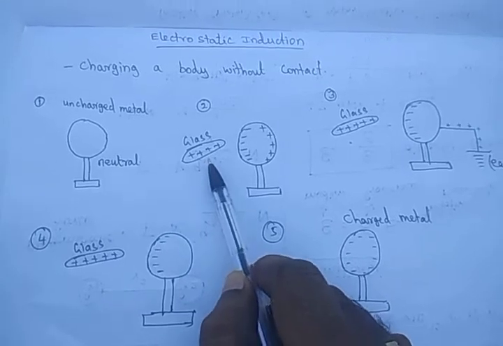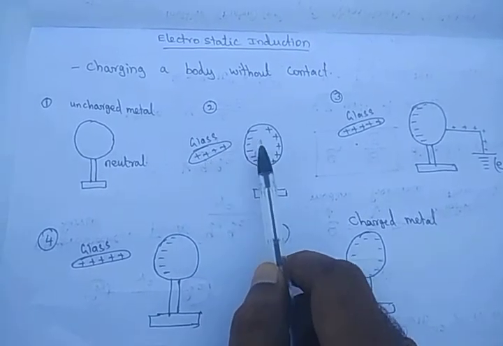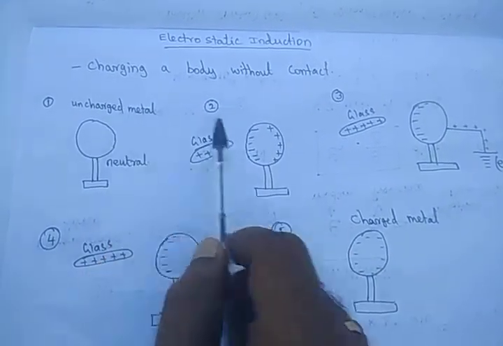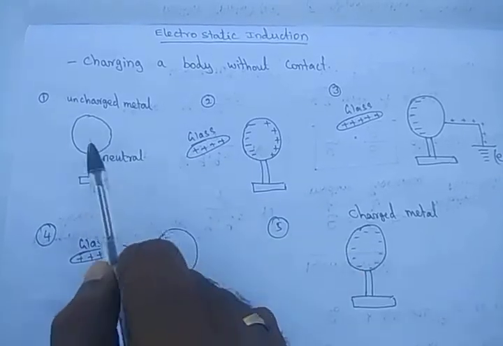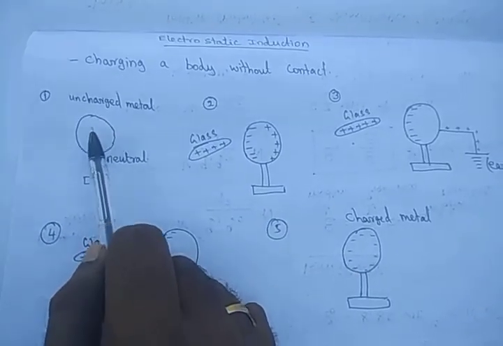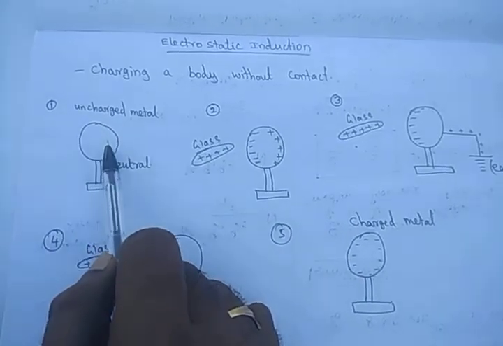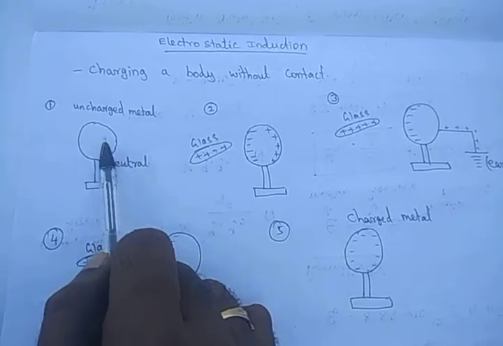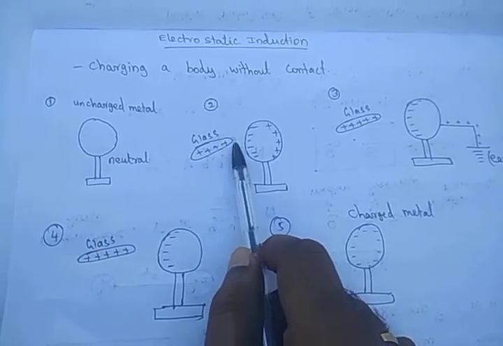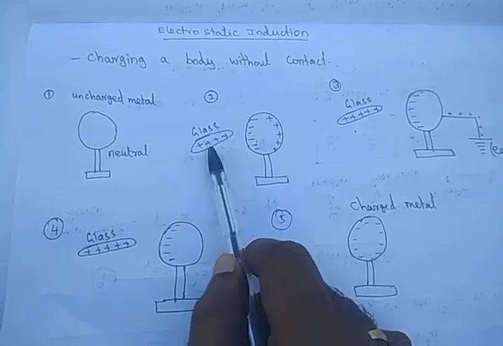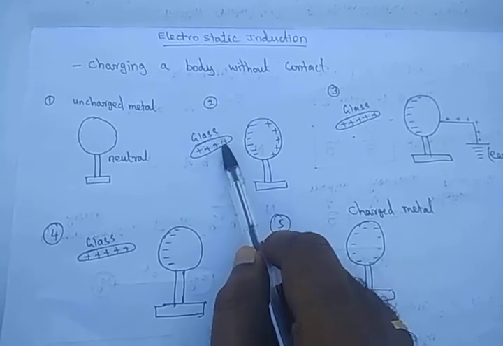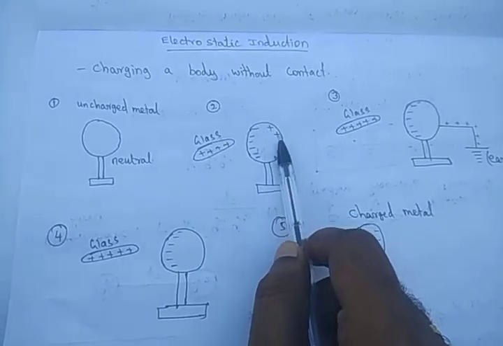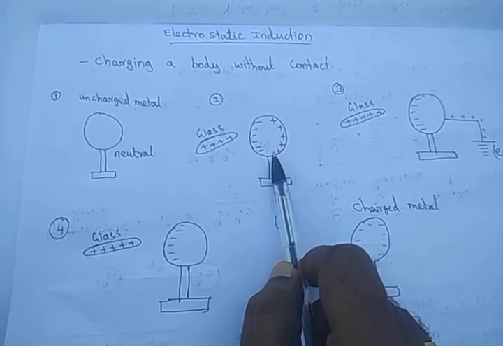When the positively charged glass rod is brought near the uncharged metal, what will happen? The negative charges are attracted towards the glass rod area, and the positive charges are repelled by the positive rod, so they accumulate on the opposite side of the sphere.